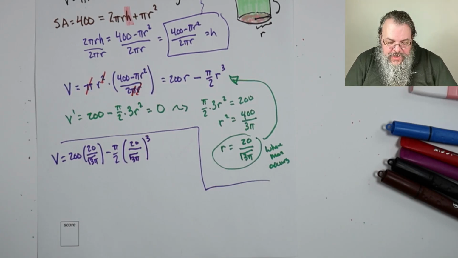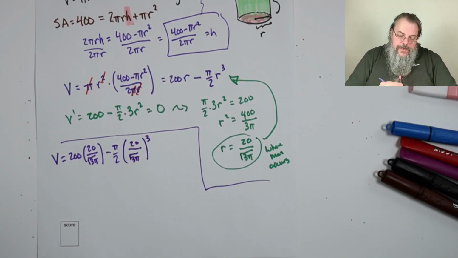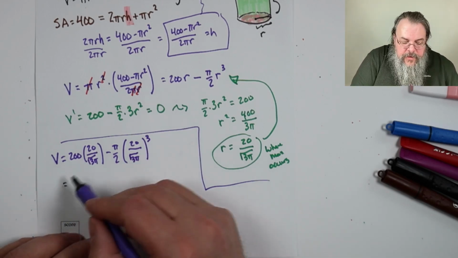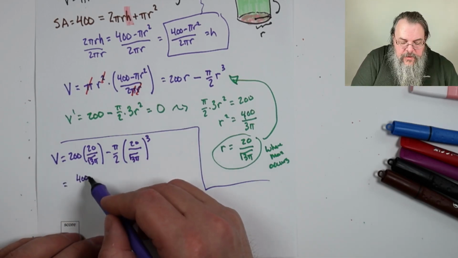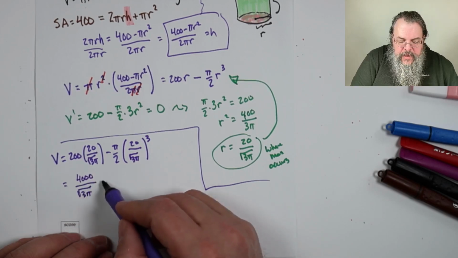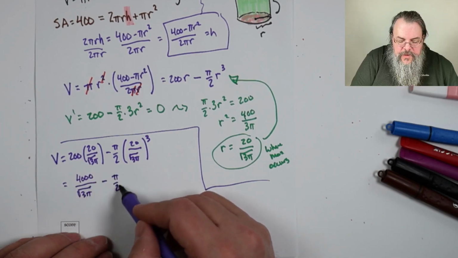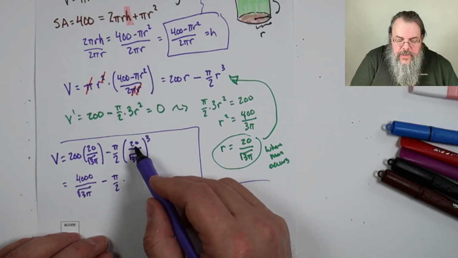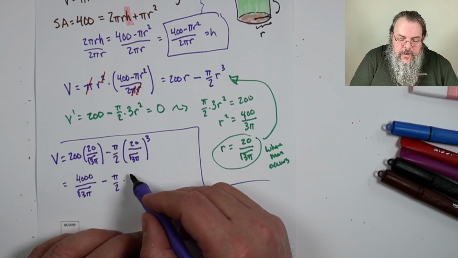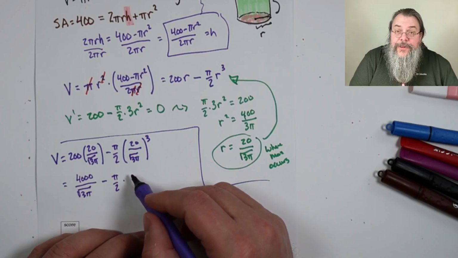All right. And we probably should simplify this. So this would be 4,000 over the square root of 3 pi. Here we have minus pi over 2. And now here, 20 cubed would be what? Well, that would be 8,000.